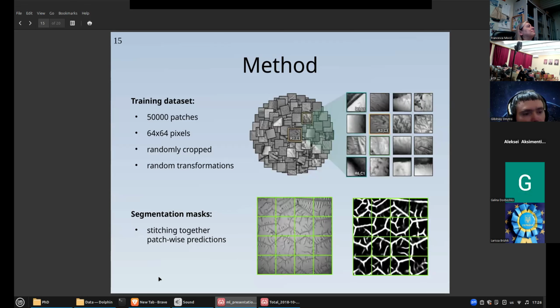We trained our model on a data set of 50,000 patches of 64 by 64 pixels, which were randomly cropped and transformed. To create final segmentation masks, we split our images into tiles and then stitched the predictions together.